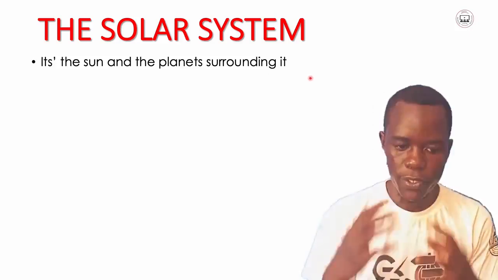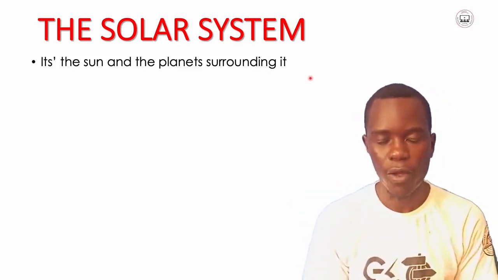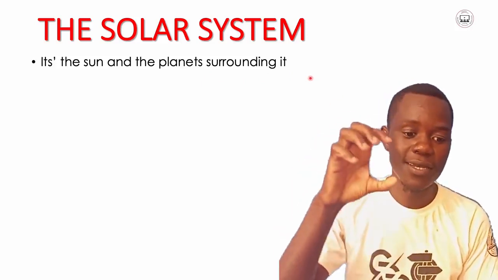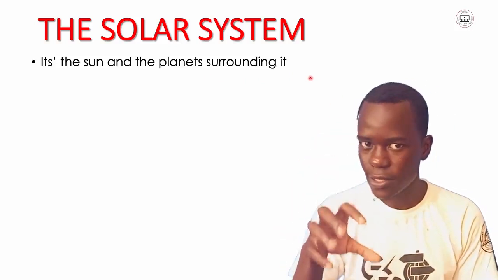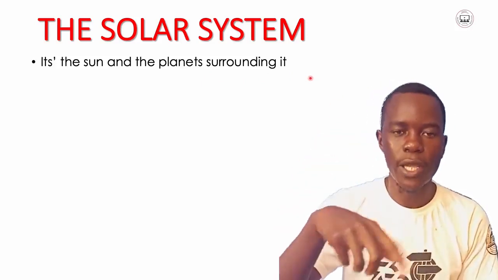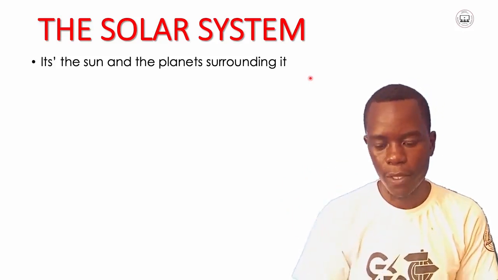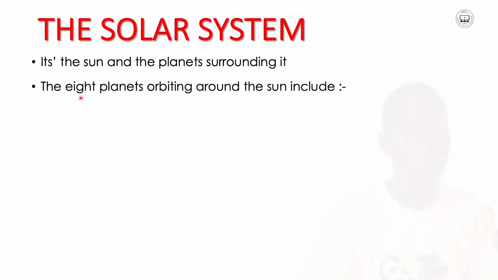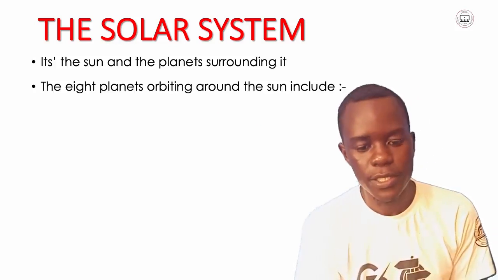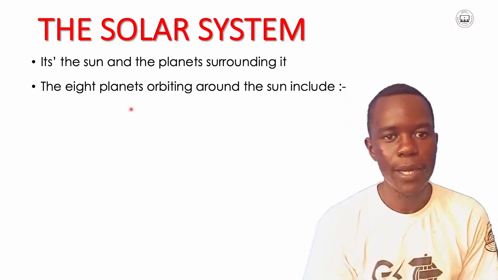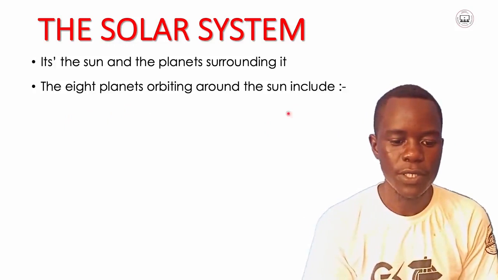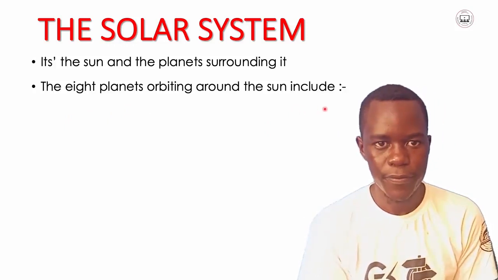When we talk of the solar system, we're referring to the sun at the center, surrounded by planets. We have 8 planets which orbit around the sun.